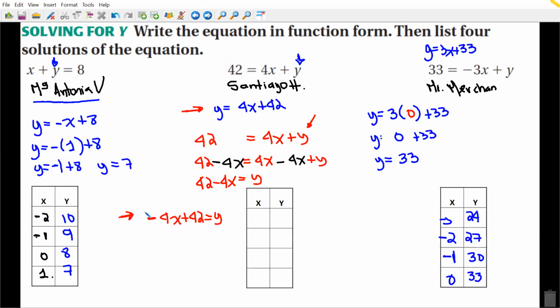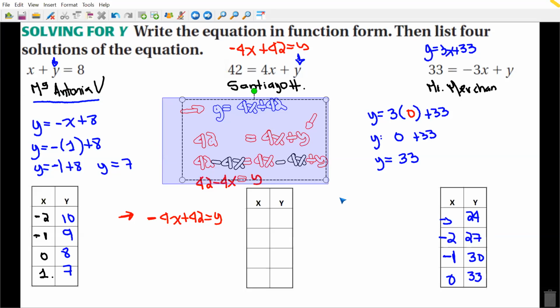Negative 4x will show you that this will be a negative relation and it's going downwards, okay? We'll see that in a minute. So negative 4x plus 42 is equal to y, okay? Clear, Mr. Herrera? Yeah.